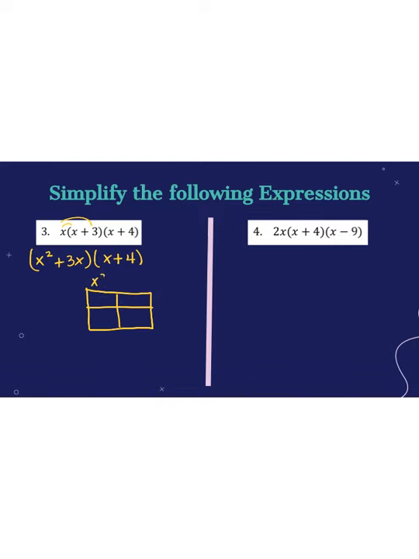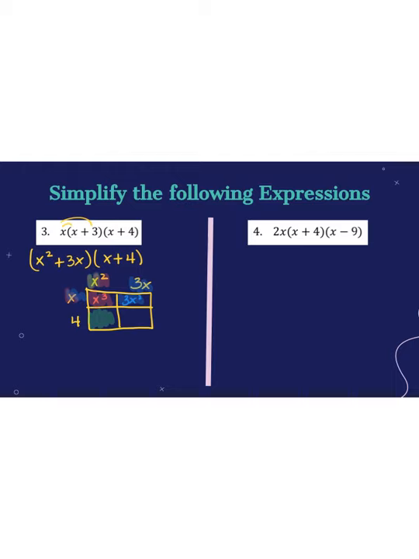I have x squared and a positive 3x, and then I have x and a 4 over here. Okay, so starting here, x squared times x will give me x to the 3rd. Moving over, 3x times x will give me 3x squared.